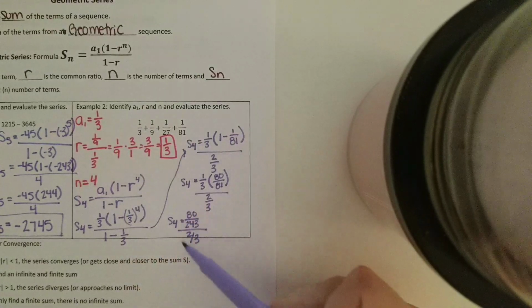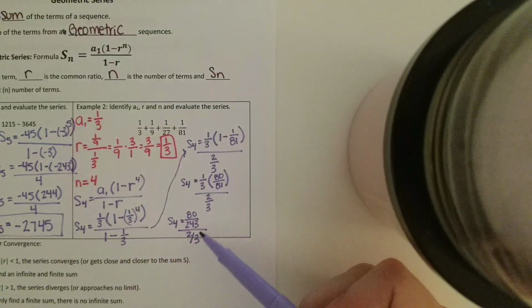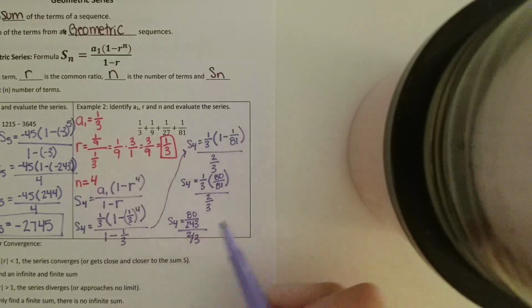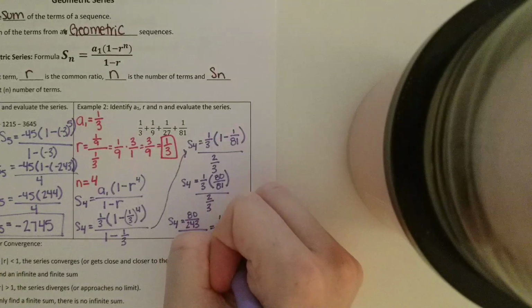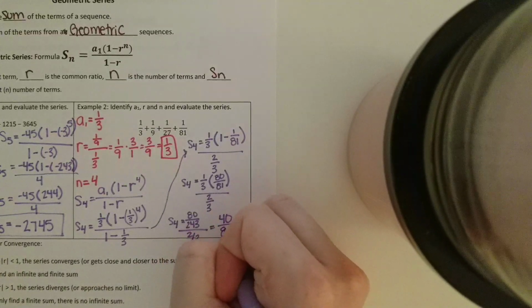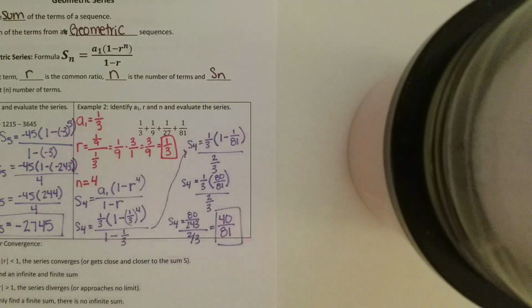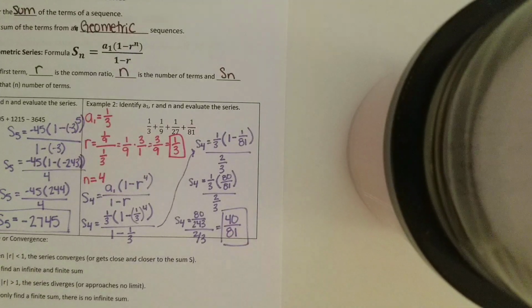And so at this point, you could type in your calculator. You could have at earlier points too, but 80 over 243 divided by 2/3 equals 40 over 81. Or you can turn it into a decimal. It doesn't really matter to me.